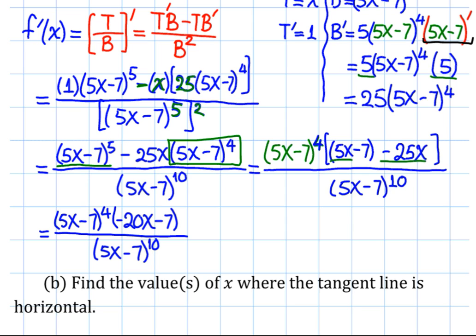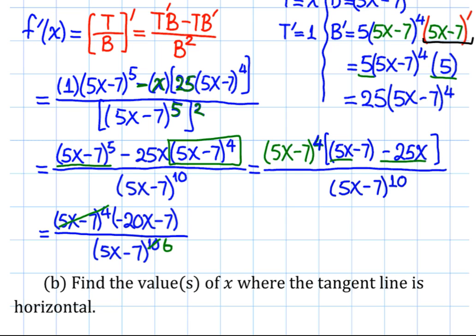Now the top has 4 factors of 5x minus 7, and the bottom has 10 factors. So we cancel all 4 factors on the top, and if we cancel 4 factors on the bottom, we have 6 left. So cancel 5x minus 7 to the 4th power, top and bottom.